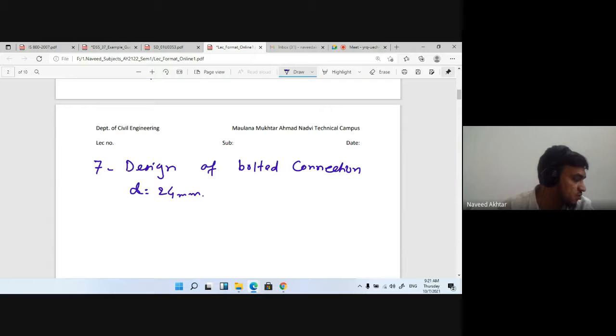Okay, so you know that the design strength of bolt is the minimum of VDSB and VDB.